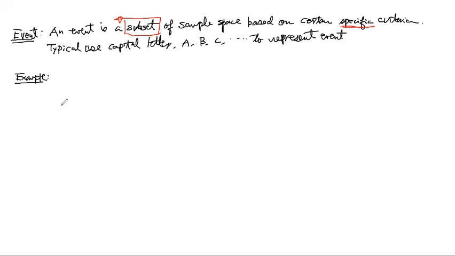Okay, so now my experiment is I toss a die. Then I define the event A: it gets an even number.